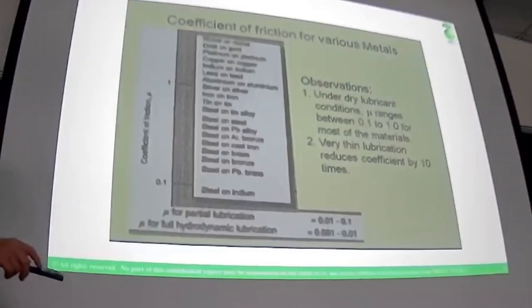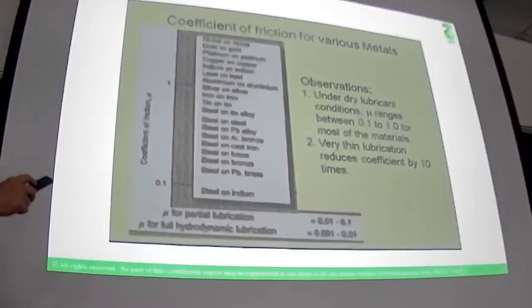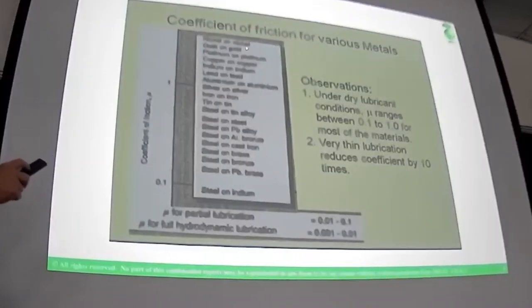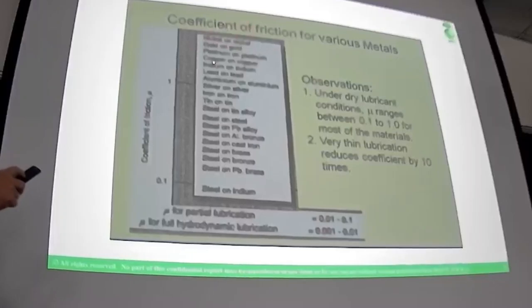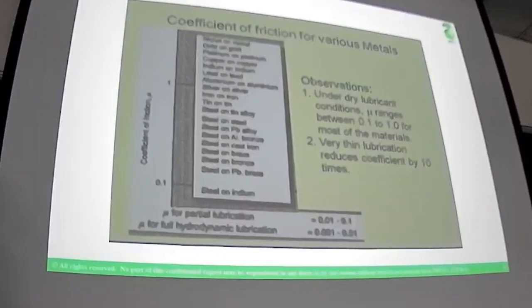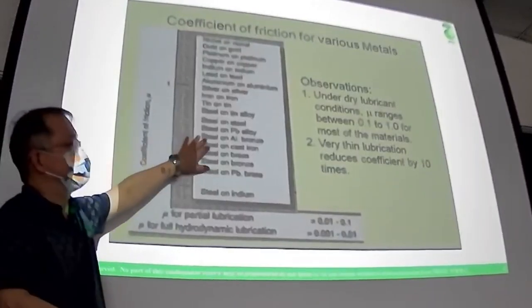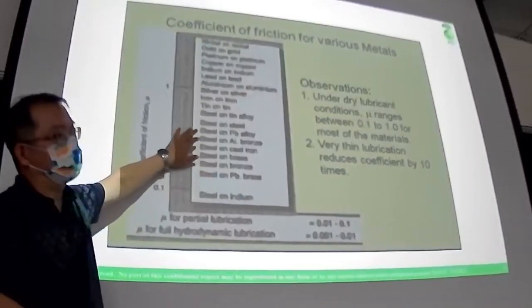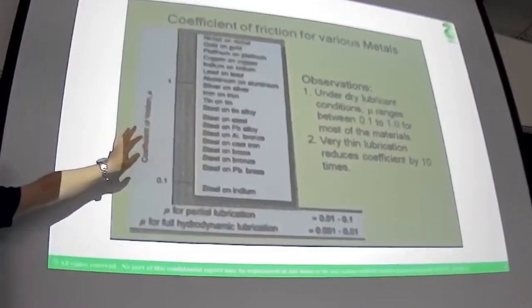When you look at the table, you will see that if the metal is contacting itself, you tend to have a higher coefficient of friction. If you are contacting a different material, you have a smaller coefficient of friction.